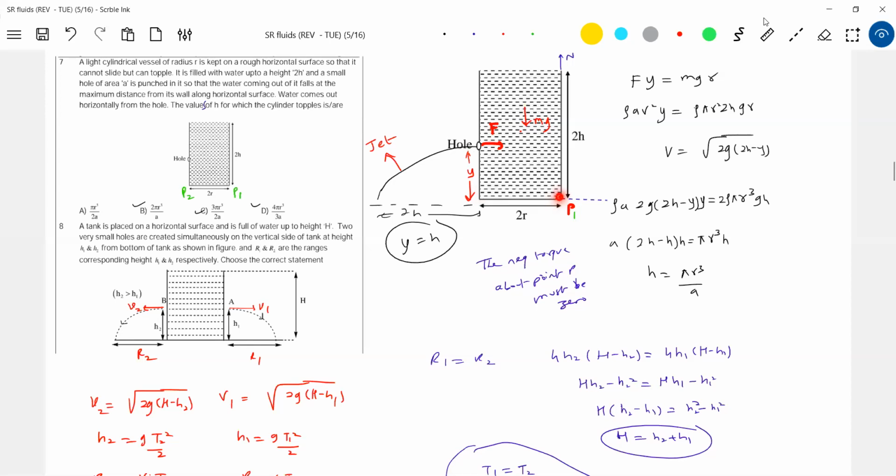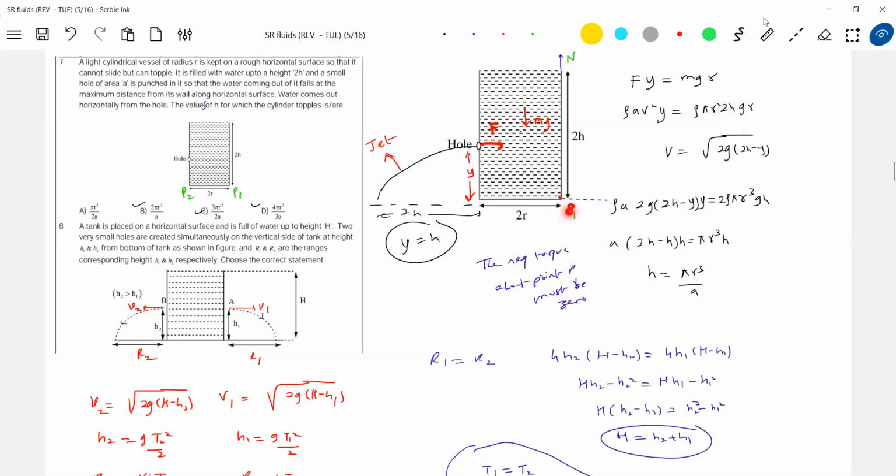And if it is in equilibrium, what happens? The torque due to mg will be anticlockwise, the torque due to the thrust force will be clockwise, and the normal reaction will act here. Are you getting it now? Look at this N. So if at all, it can rotate about point P1.